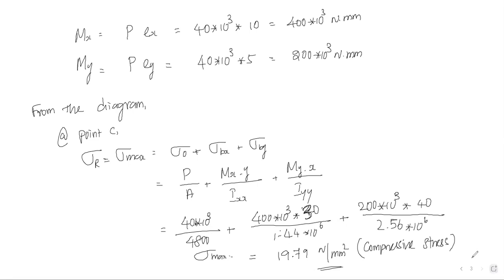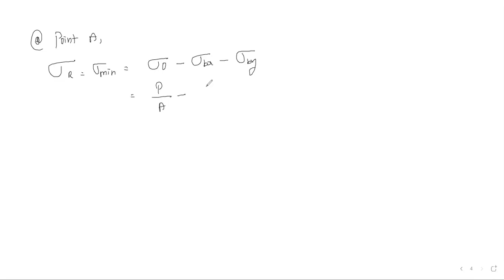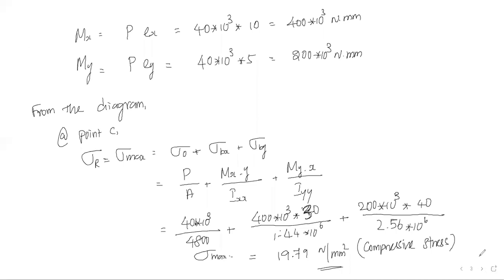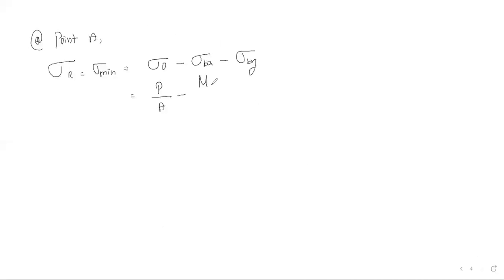Okay, next one is at point A. Sigma r is equal to sigma minimum, such that sigma naught minus sigma bx minus sigma by. So here P by A minus Mx into y by Ixx minus My into x by Iyy.